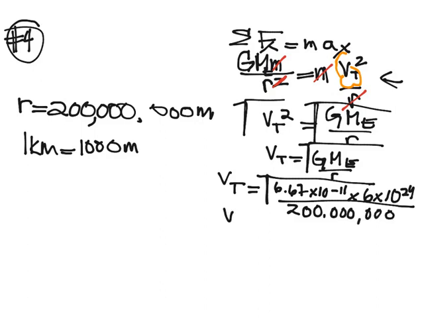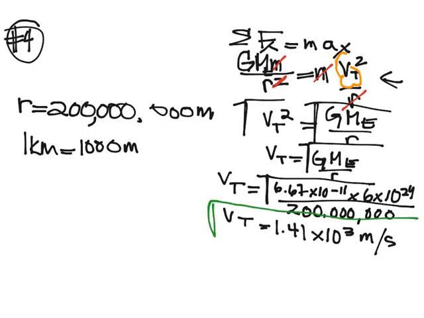Okay, so I can just plug those numbers into my calculator, and when I do that, I get 1.41 times 10 to the third meters per second. Okay, to put this into perspective, that's like 1,400 meters per second, or more than a kilometer in 1 second, almost a mile per second, which is crazily fast. Okay, so that was my first answer.